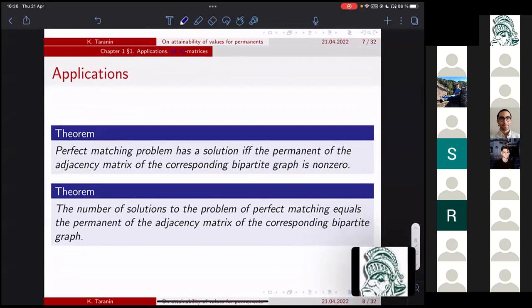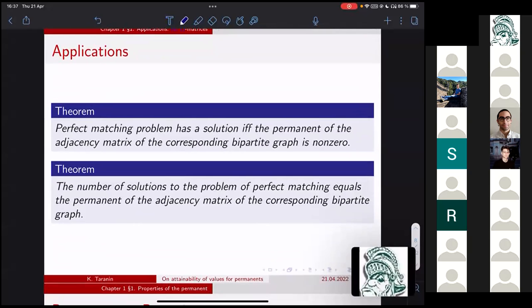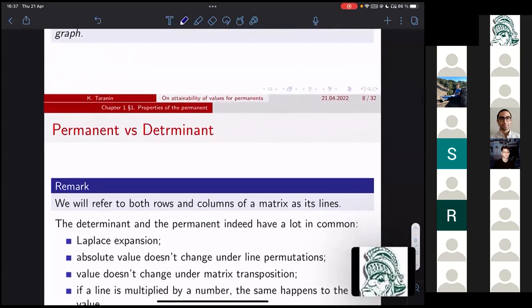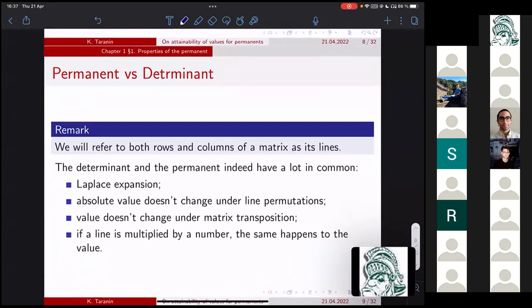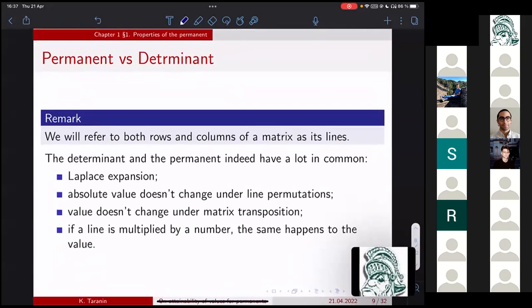So yeah, these results were proved about 100 years ago, I think. Now, as we have partially seen, permanents are used, and I will also discuss the application in quantum physics later.